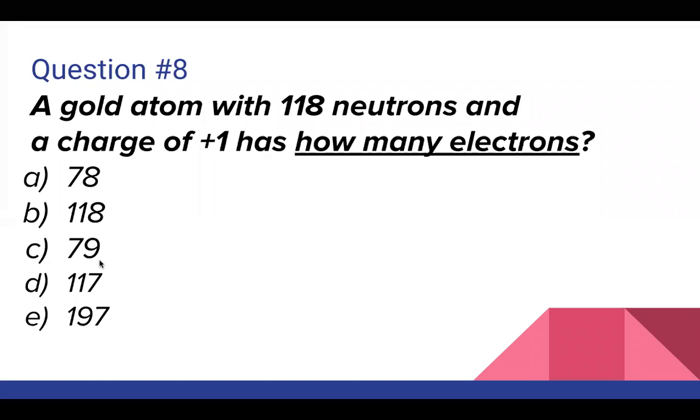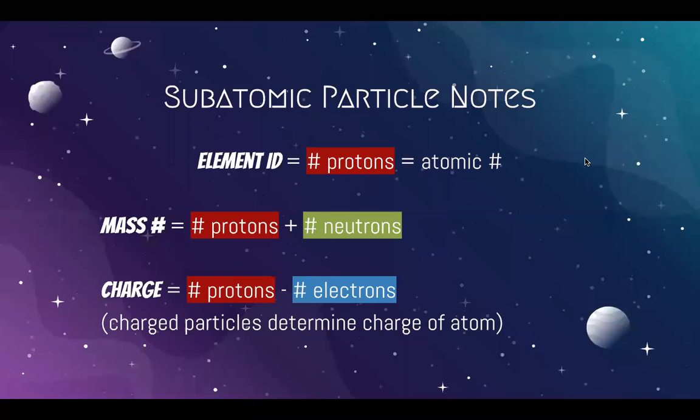Question number 8, a gold atom with 118 neutrons and a charge of +1 has how many electrons? So we want to know how many electrons there are. So what information is relevant? Well, the fact that it's a gold atom will tell us the number of protons, and knowing the charge is going to be helpful in figuring out the number of electrons.